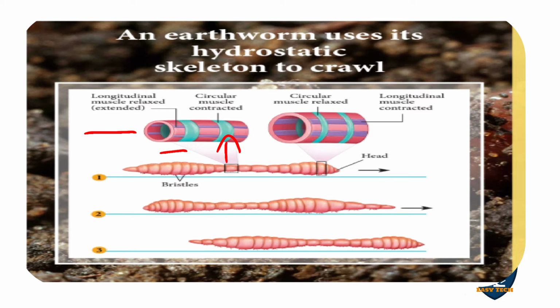So you can see contraction and relaxation taking place between the segments. Due to that, the hydrostatic skeleton will crawl: after it contracts and relaxes, it crawls, that means it moves from one place to another.